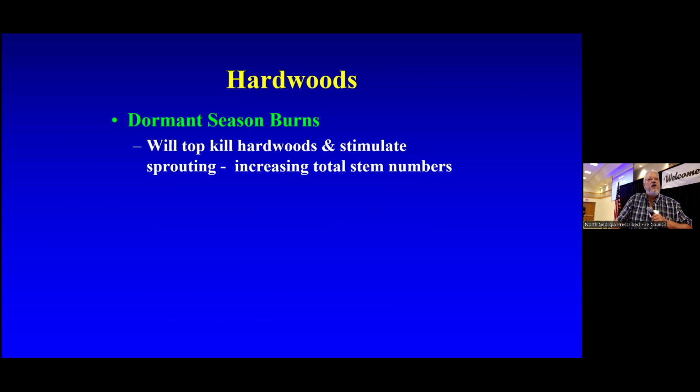And if that's the only fire or disturbance event out there, you're going to have a worse problem, if the hardwoods are a problem already, than before you did the burn. So just realize that once you commit and put fire on the ground, you're going to have to keep doing that or some other treatments in subsequent years in order to, again, get to whatever your goal is in those particular stands.